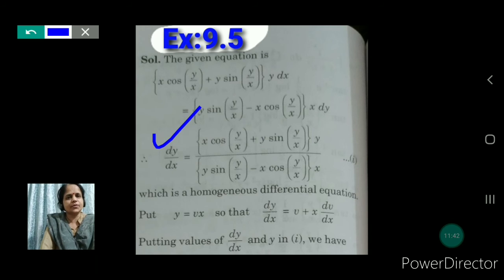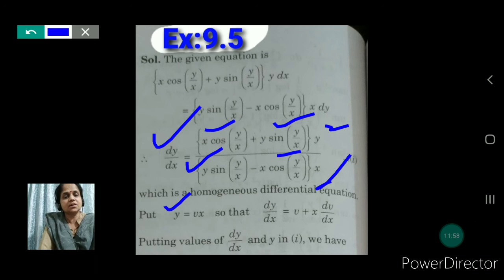So here dy upon dx is x cos y upon x plus y sin y upon x into y, in the denominator it is y sin y upon x minus x cos y upon x into x. Now put y is equal to vx, so that dy upon dx is equal to v plus x dv by dx. Now putting the values of dy upon dx and y in this equation.